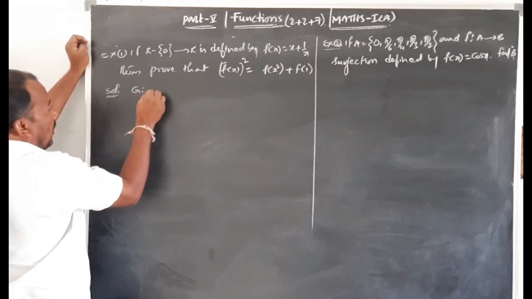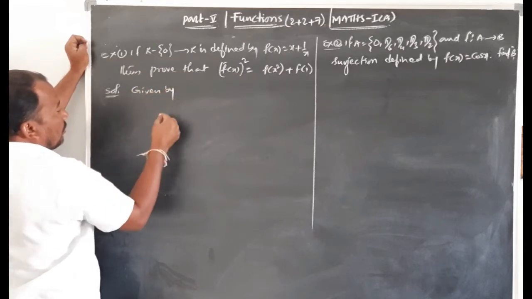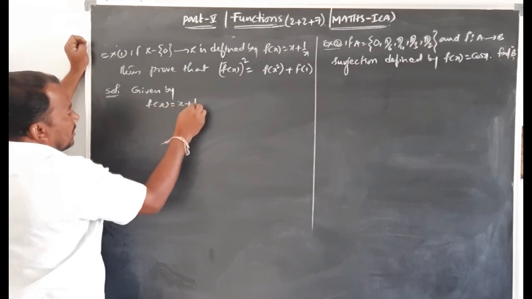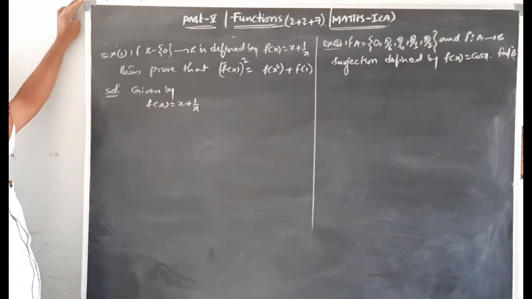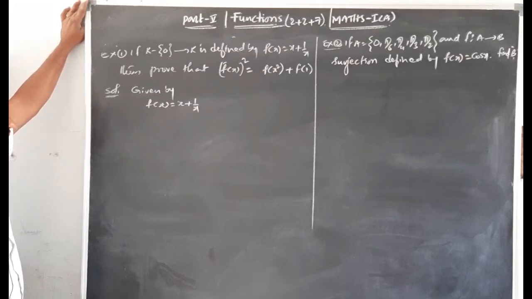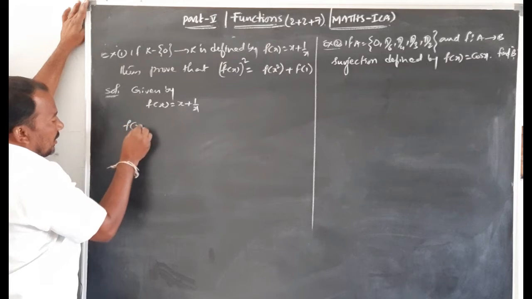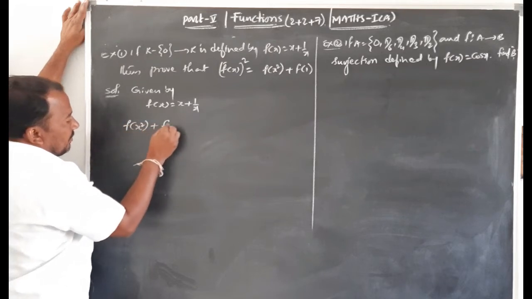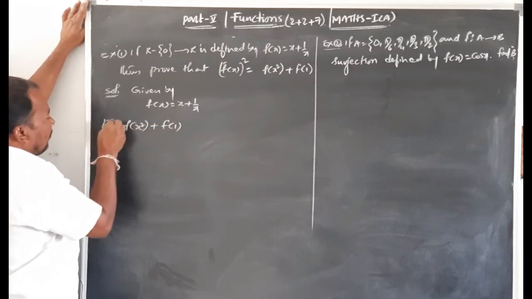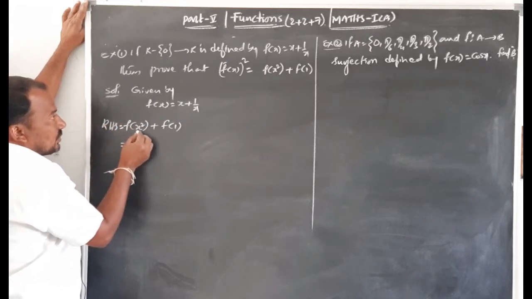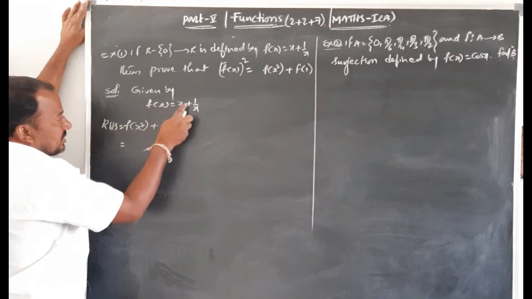Given f of x equals x plus 1 by x, find the value of the RHS: f of x square plus f of 1. RHS. f of x square, what is f of x? x plus 1 by x.